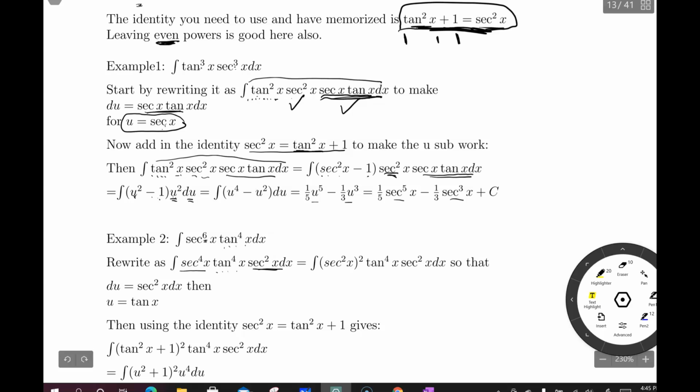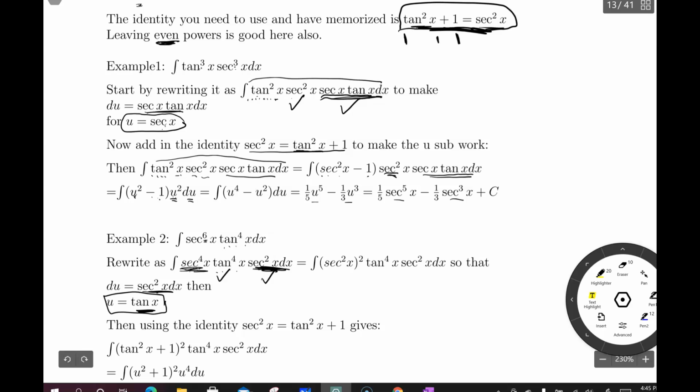So let's see, but that's my du. My u's got to be tangent. If that's my du, u has to be tangent because I know the derivative of a tangent is secant squared. So to make this u substitution work, that would be taken care of with u to the 4th. This would be taken care of with du.